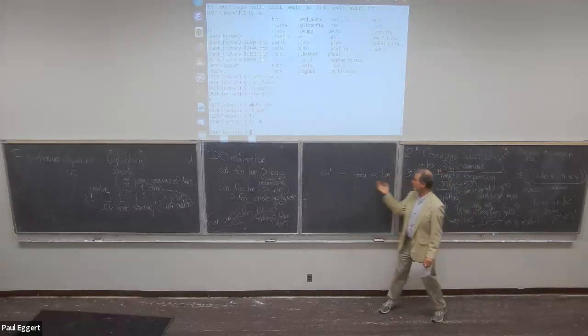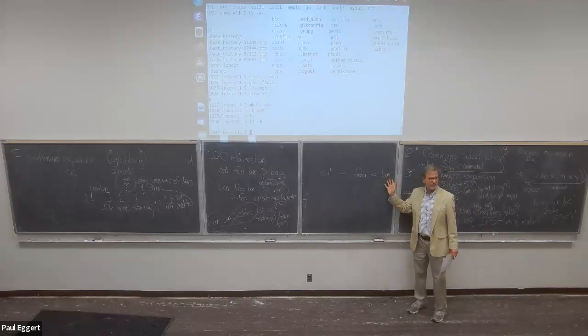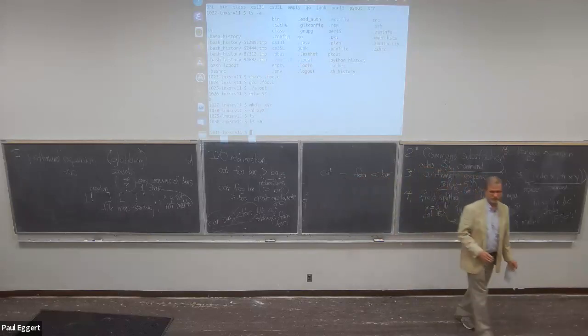So this would output the concatenation of the contents of bar followed by the contents of foo. And many commands have this convention that a plain minus sign all by itself stands for standard input. Yes.